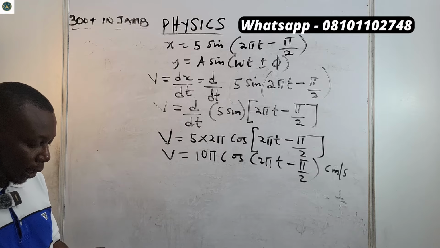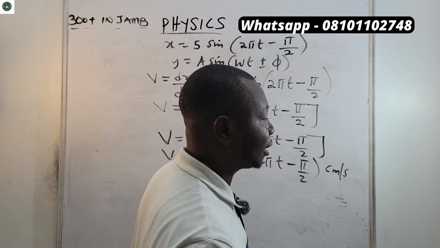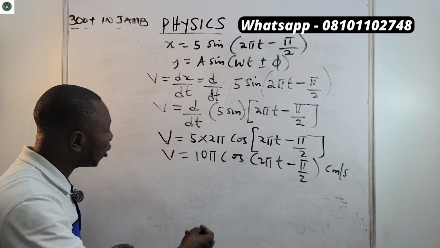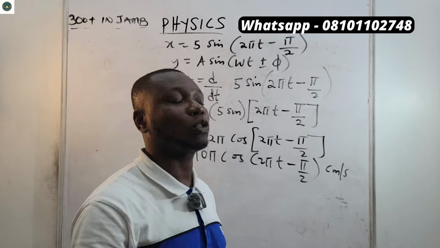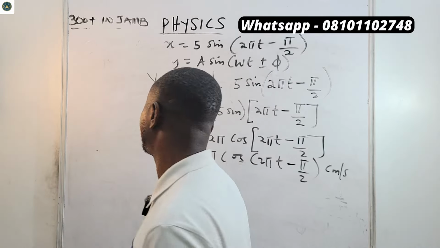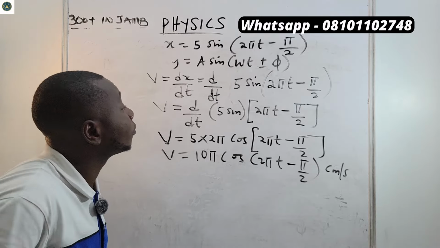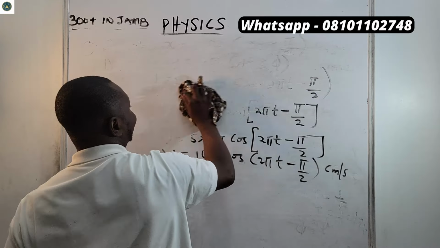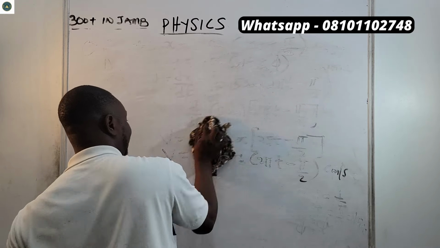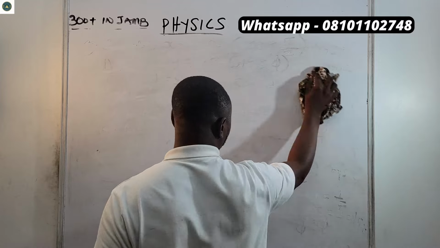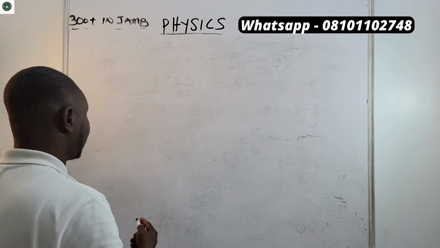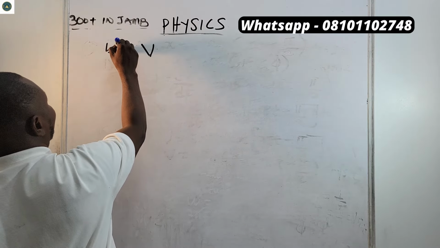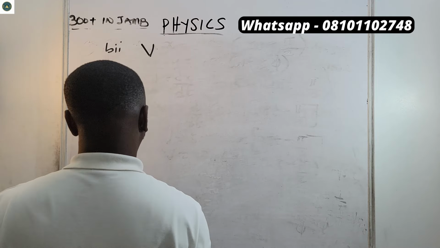Okay. And the next thing is to get acceleration. When you have velocity, you can get acceleration, because the differential of velocity per unit time gives rise to acceleration. So let's solve that. For acceleration, we differentiate velocity.